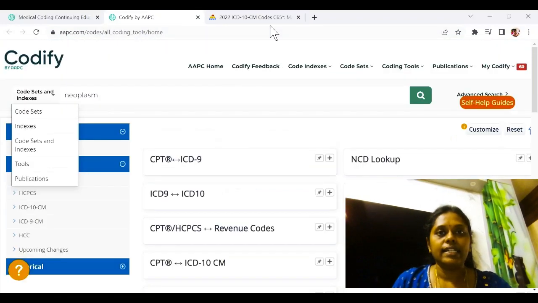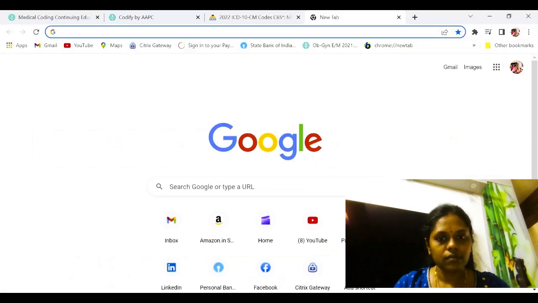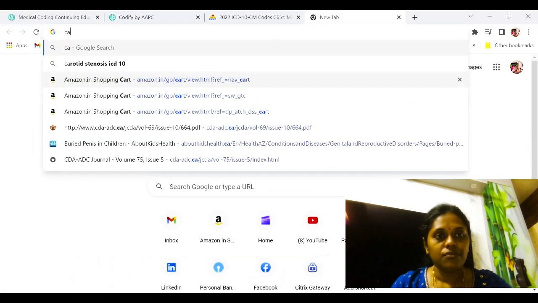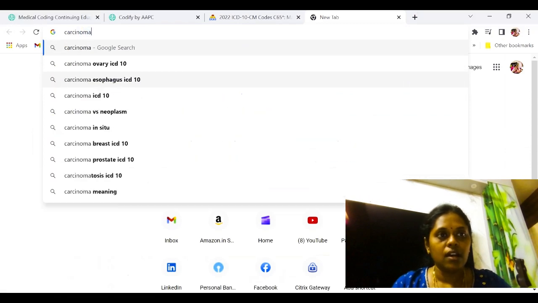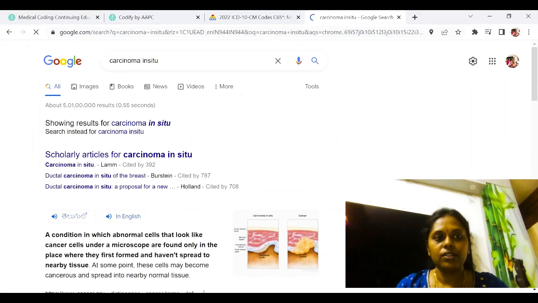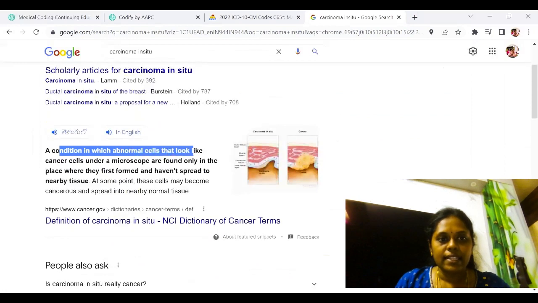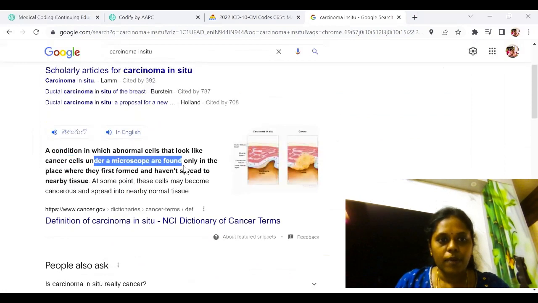Now let us see the definition of carcinoma in situ. I explained malignant neoplasm, right? Now I am showing you carcinoma in situ. It is a condition in which abnormal cells that look like cancer cells under a microscope are found only in the place where they first formed and haven't spread to nearby tissue.